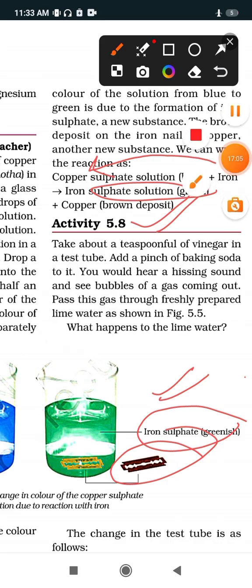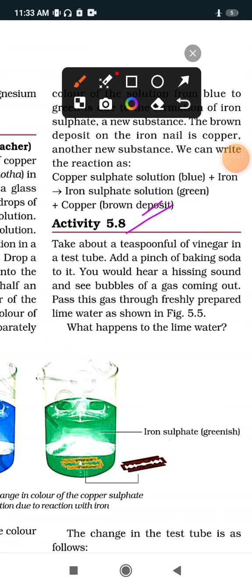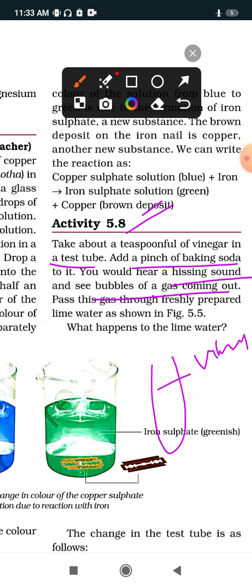Now in activity 5.8, we will take vinegar in a test tube and add a pinch of baking soda, and we will hear a hissing sound and see bubbles of gas coming out. Clear? In the test tube what do we take? We take vinegar plus baking soda, and we hear the hissing sound.